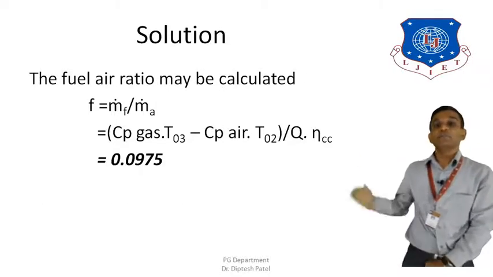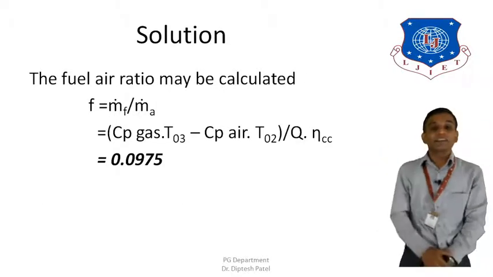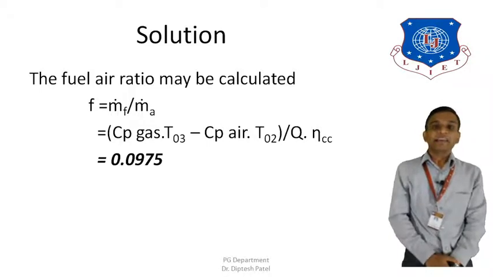Then the fuel ratio. The fuel ratio can be calculated as mf upon ma. So we are going to denote the fuel ratio as small f, which is equal to mf upon ma.